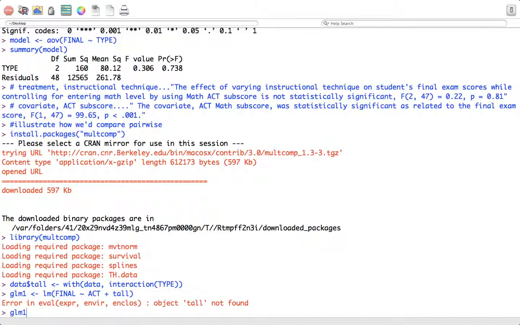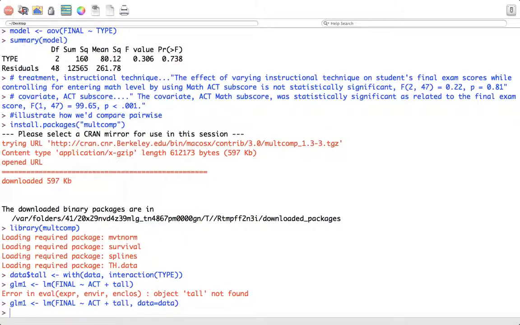Okay, GLM1, linear model, final, ACT, plus tall, data equal data. All right, you've got to tell it where the data is, dummy.